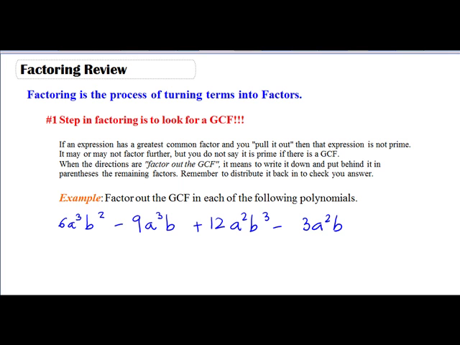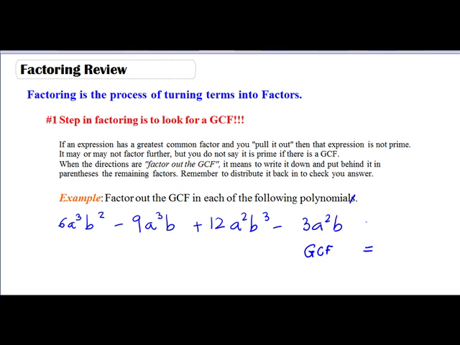So look at the example here. Try to factor out this polynomial where I have only one polynomial. Now, we try to find the greatest common factor, which is the GCF.